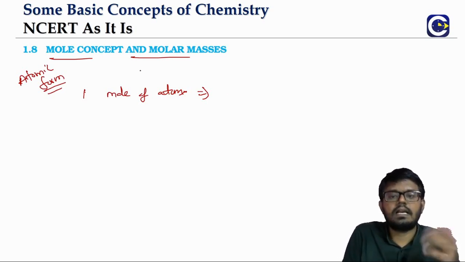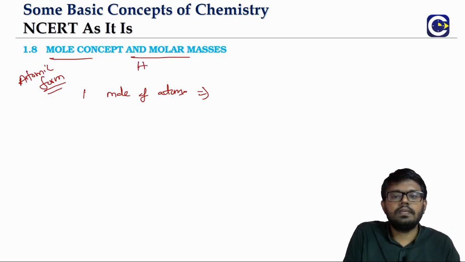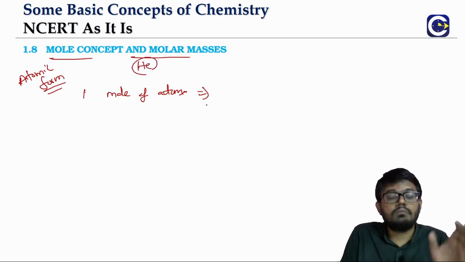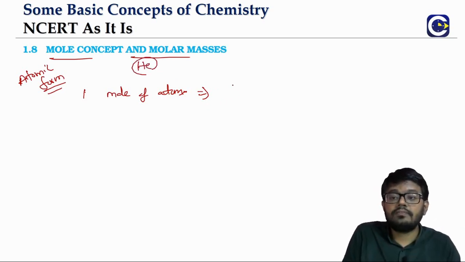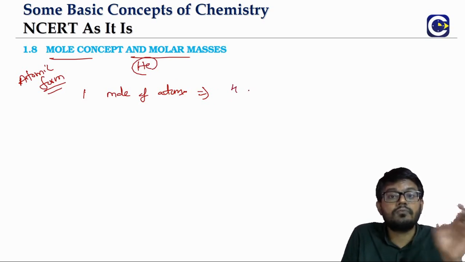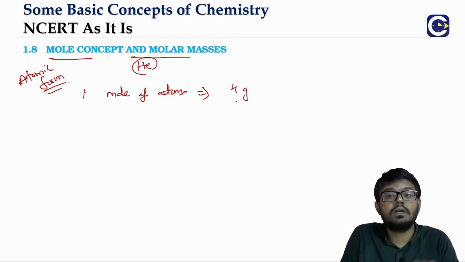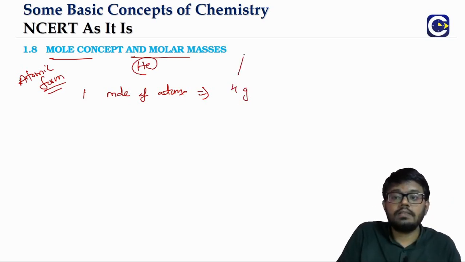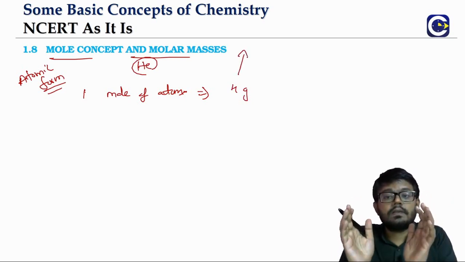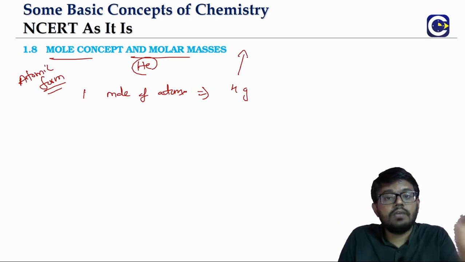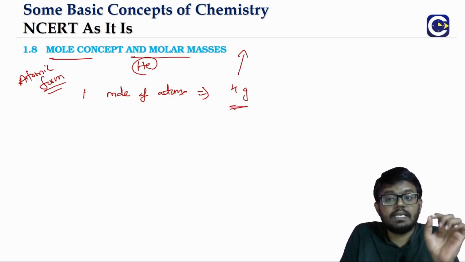For example, take helium. 1 mole of helium atoms, because the helium atomic mass is 4 AMU, will have how much mass? 4 grams. See, this has the same value as the atomic mass, but the unit is only grams.